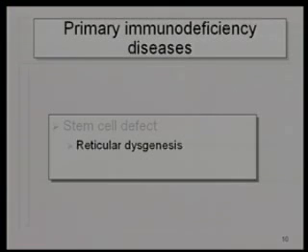So these patients have normal red cells and platelets, but they do not have any of the lymphoid cells. And there are very, very few cases. So you just have to know that it exists. You're very unlikely to come across a patient with reticular dysgenesis, but you never know.